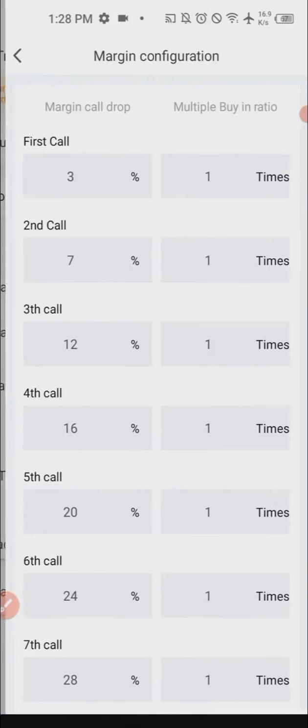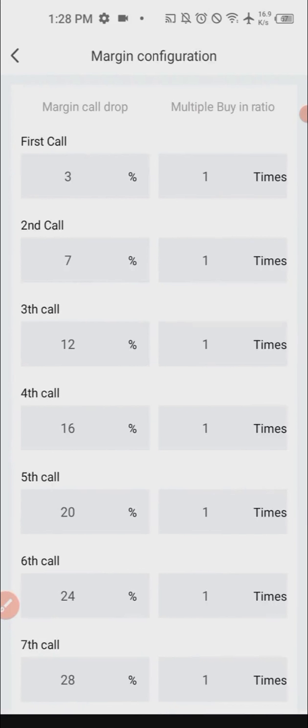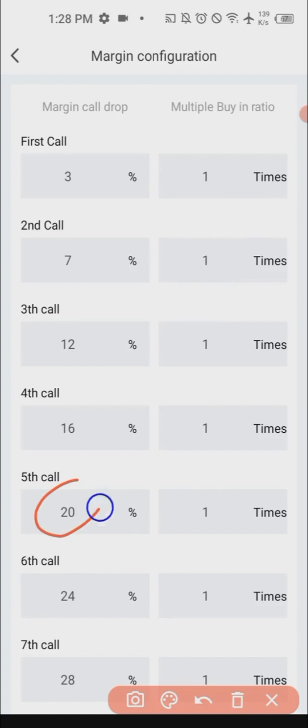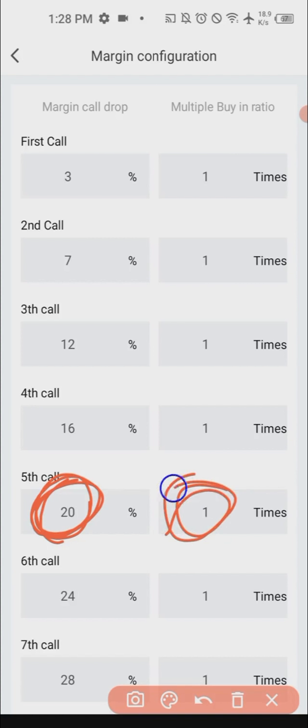Now the beautiful thing with this bot is this. Let us look at our margin configuration. This is what makes the bot better than a regular trader. If the bot, for example, buys a value at this fifth margin call, and this particular value makes a 1.3 profit, it sells only this one. Do you understand? It sells only this one.